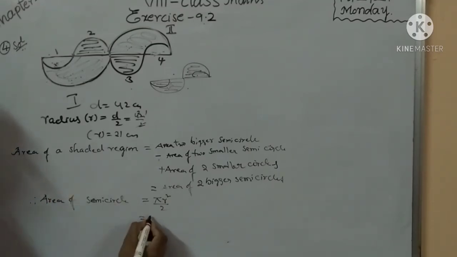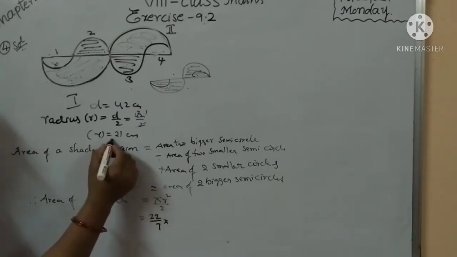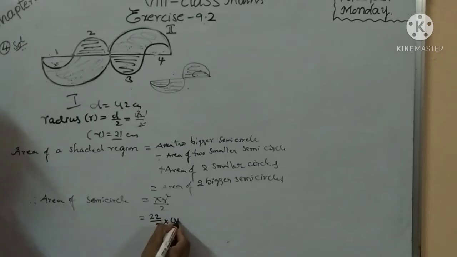So here 22 by 7 into r, and r is 21, 21 whole square, by 2. Pi means 22 by 7 into 21 whole square.